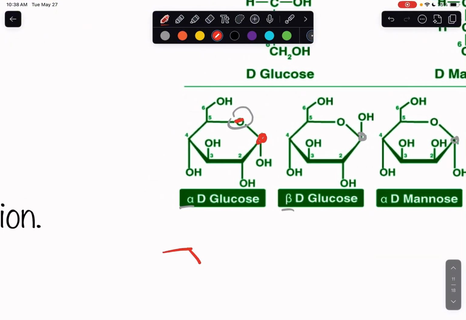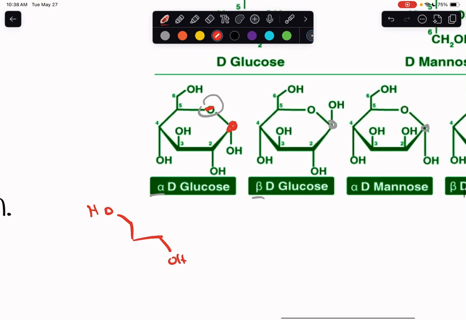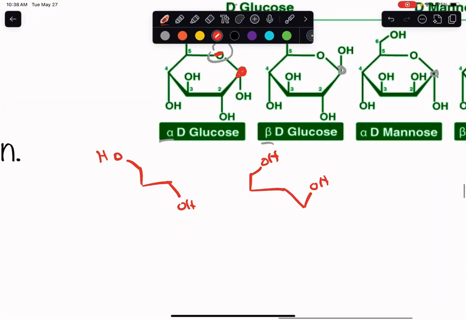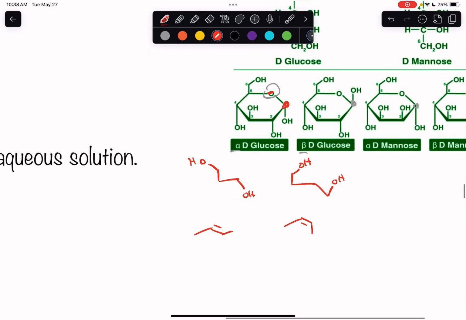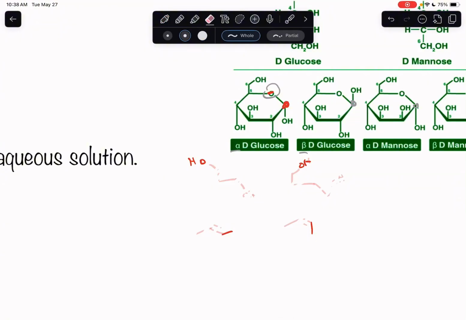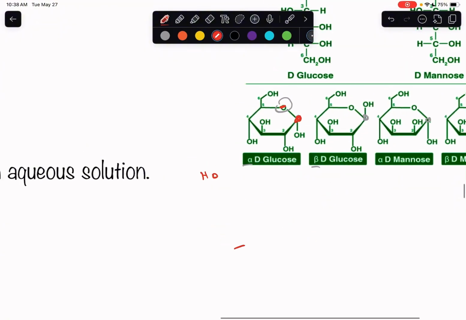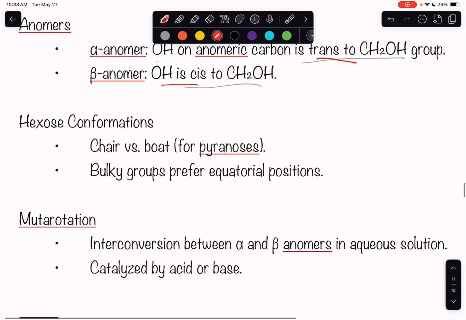Let's say that we drew it like this, and then we have O. Do you see how this is trans versus, let's do the same thing here, we have OH. See how it sort of looks like what we would see if we had trans and cis. So that's the way that I use to really remember this: alpha trans, beta cis, and I feel like that's going to make it nice and easy for you.